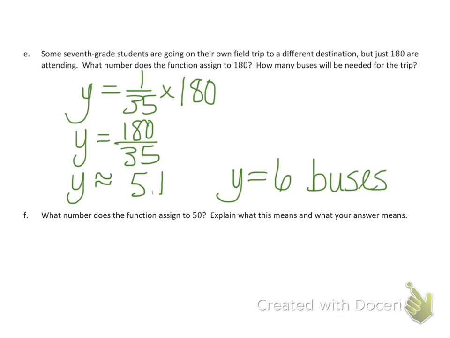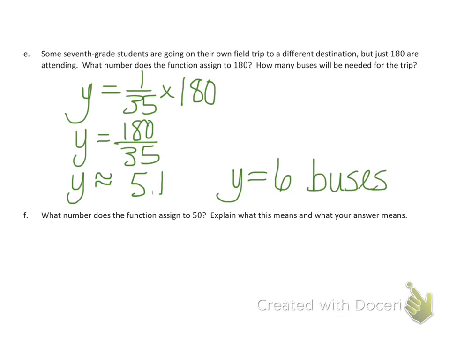Okay, so what number does the function assign to 50? Explain what this means and what your answer means. Okay, so when it says, what number does the function assign to 50? That means 50 is our input.